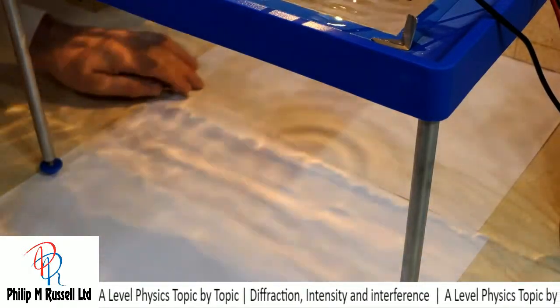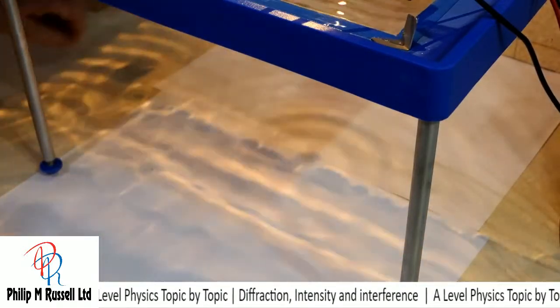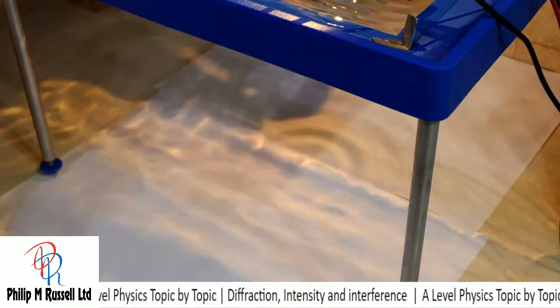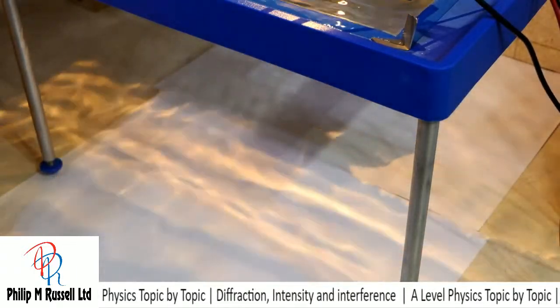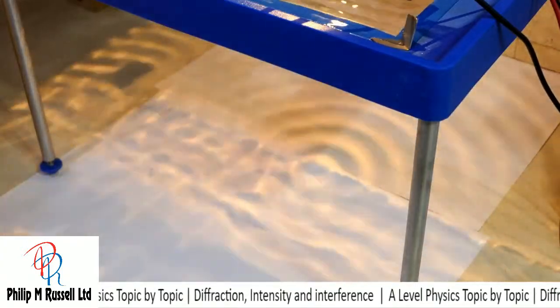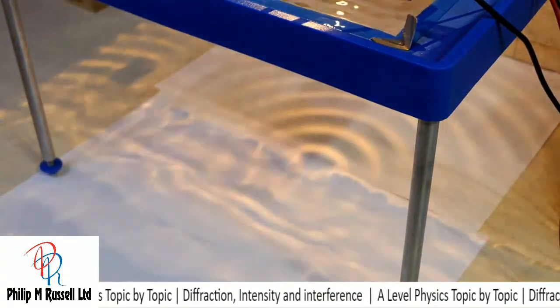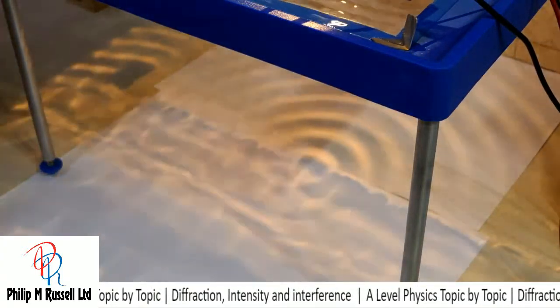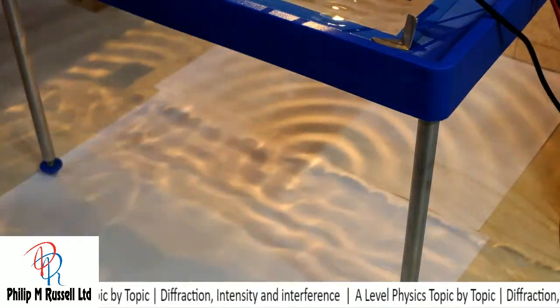And if we look at the frequency of the waves, we see that also stays the same. Let's make this a little wider. Is it getting any better, do you think?